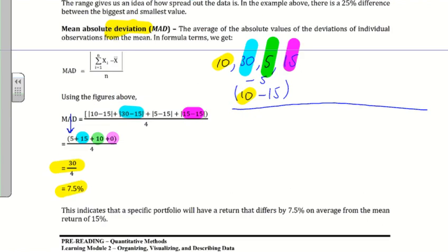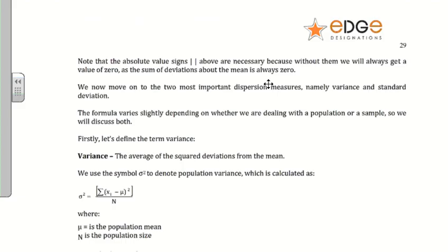It's mean absolute deviation, and there's my number, 7.5%. Everybody comfortable? Guys, just remember, whenever you get these particular signs, 2 vertical lines, that obviously means whatever's in there is an absolute number. Doesn't matter if it's negative, we use it as it is.